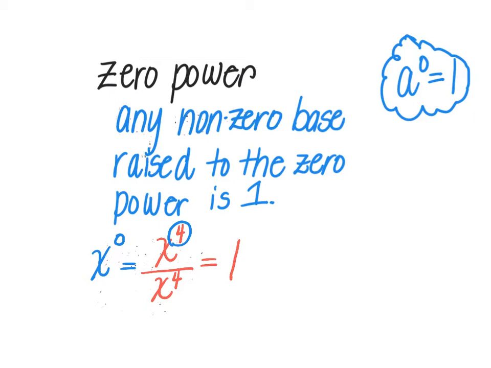So logic tells me if these are all three equal to each other, that really is another way of saying that x to the 0 power is equal to 1. So hopefully that'll help shed a little bit of light on this somewhat confusing exponent rule.